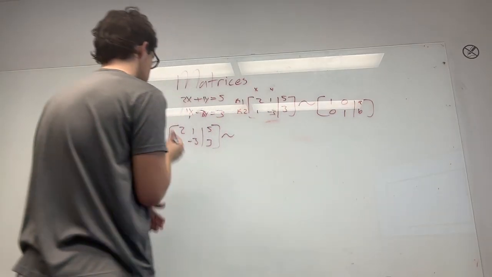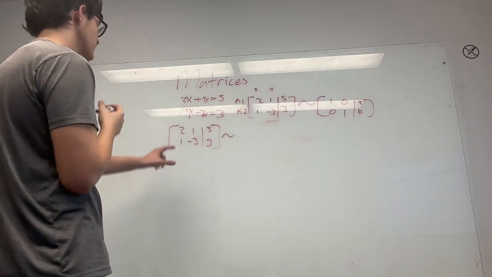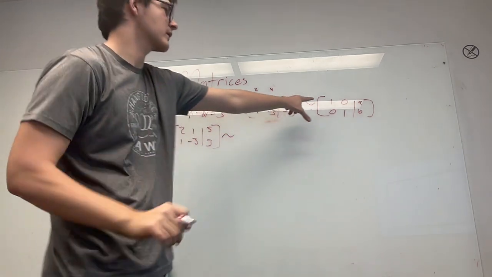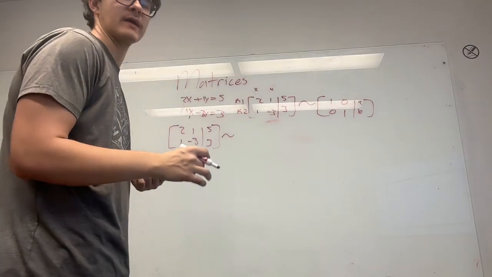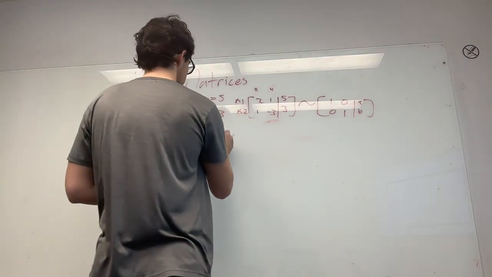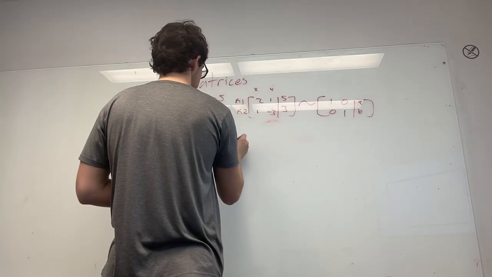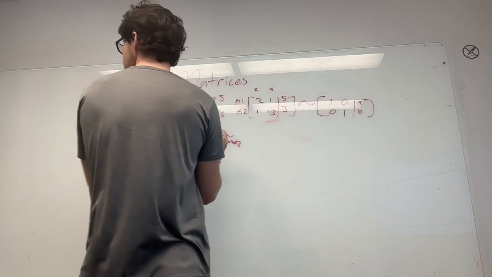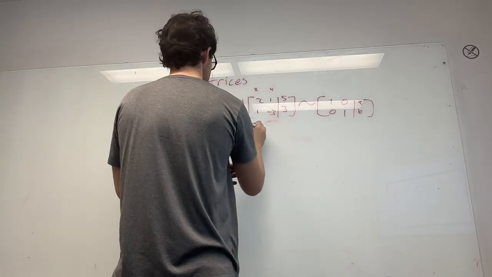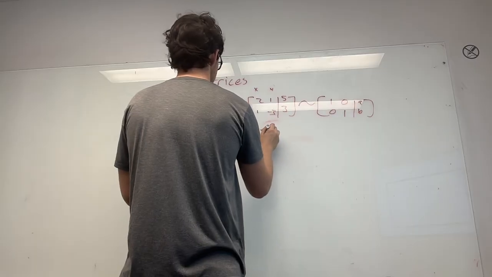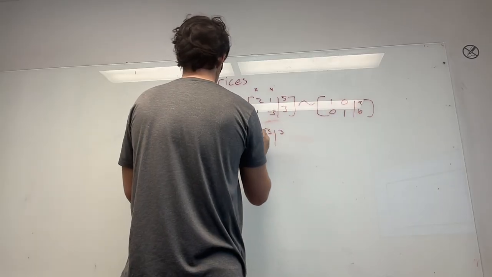Okay, I have a 1 right here, and I want to get a 1 right there. So my mind jumps to, let's just switch them immediately. No thinking about it. So we're going to say row 1 switch with row 2. All it does is everything on that row, switch it up.